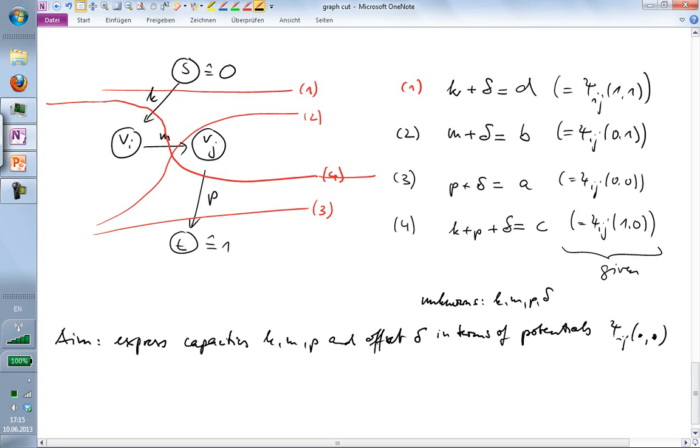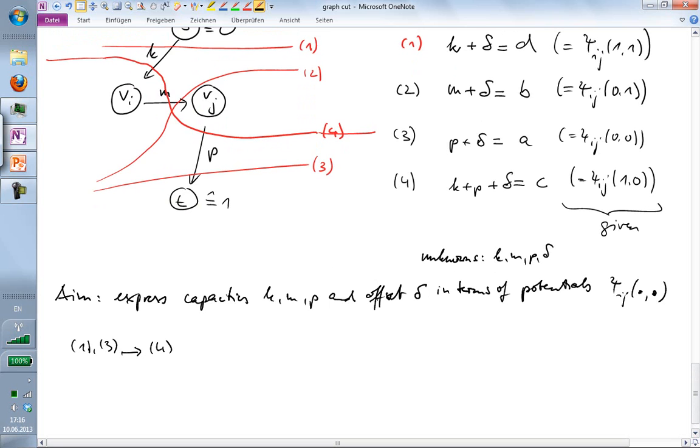The fourth equation involves K and P. So I can put equation 1 and equation 3 into equation 4 by saying that K is given by D minus delta and P is given by, according to equation 3, A minus delta plus delta is C, and overall this gives me a minus delta, which I can bring on the other side. So delta becomes A minus C plus D.